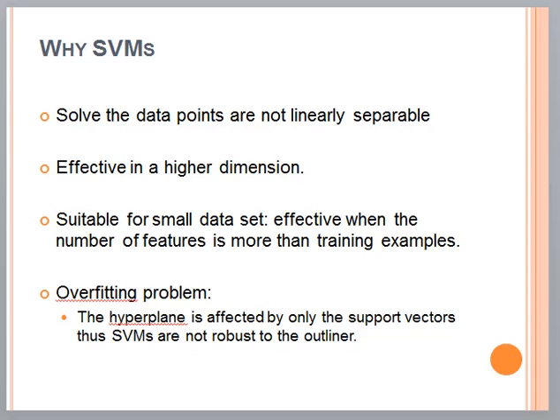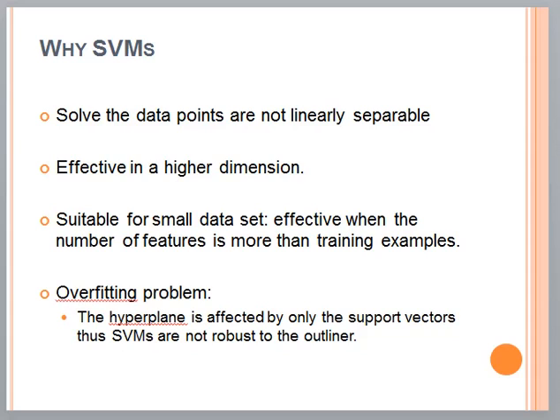The third point is that it is suitable for small data sets, effective when the number of features is more than training examples, right? So you saw that in neural networks, we try to learn the algorithm through some training data, but we need to have some amount of data on which we could train our algorithm.